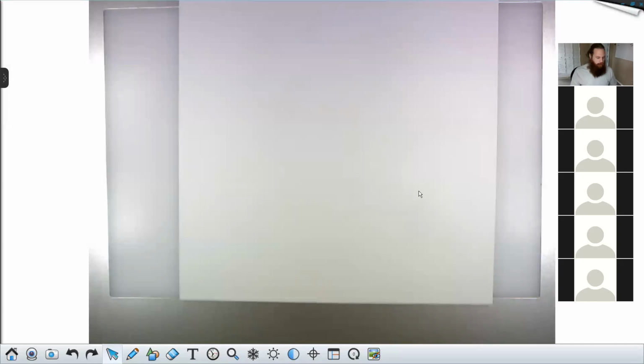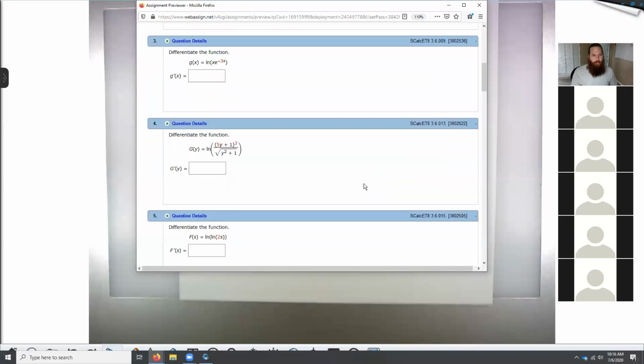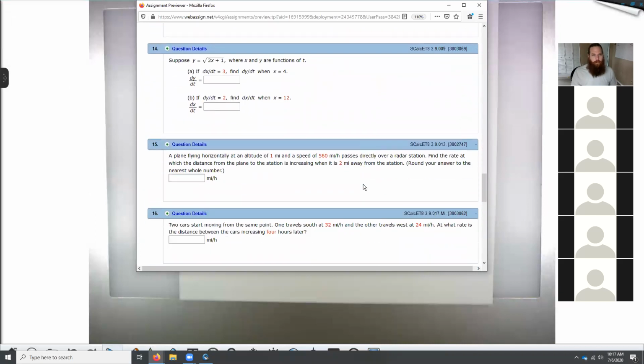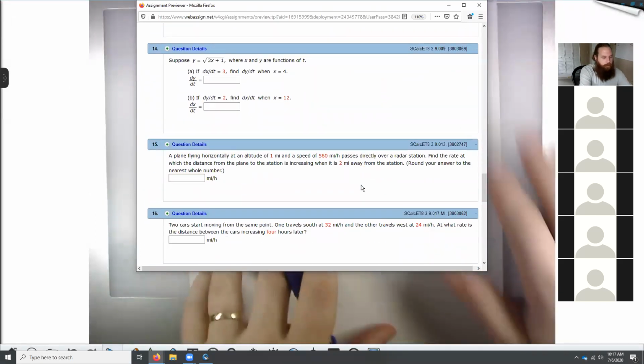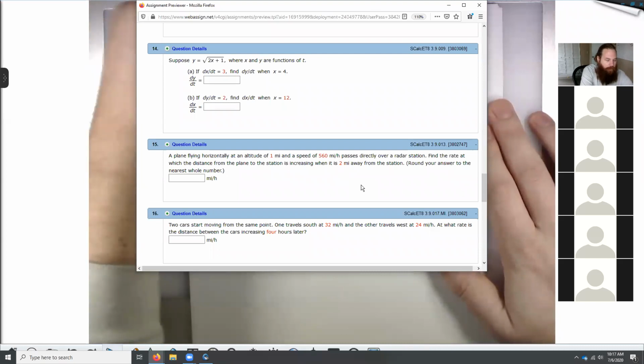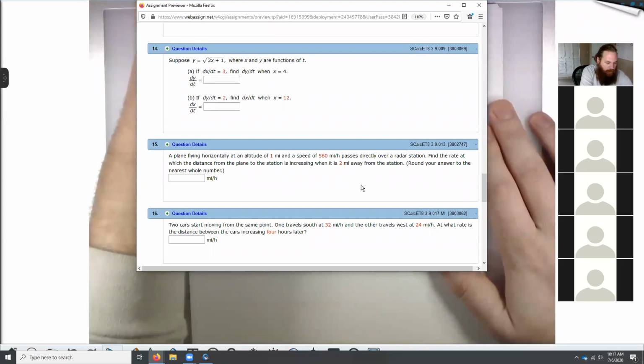Okay, we also wanted to look at number 14 and number 17, so let me move to number 14 now. Number 14 says y equals the square root of 2x plus 1.